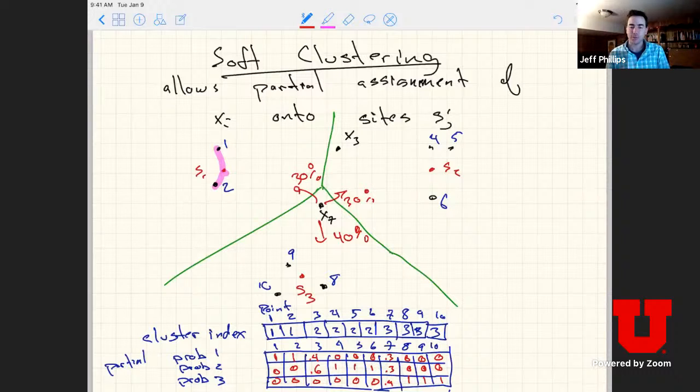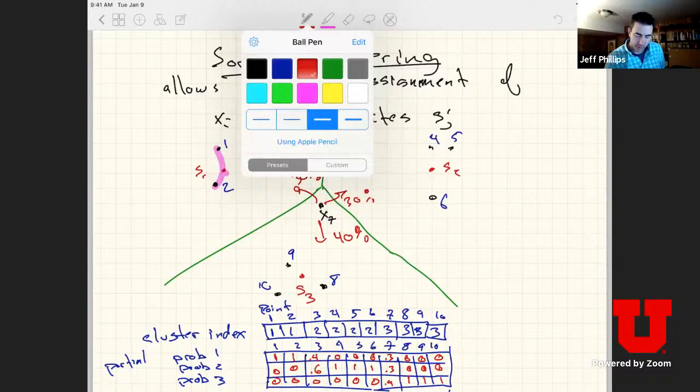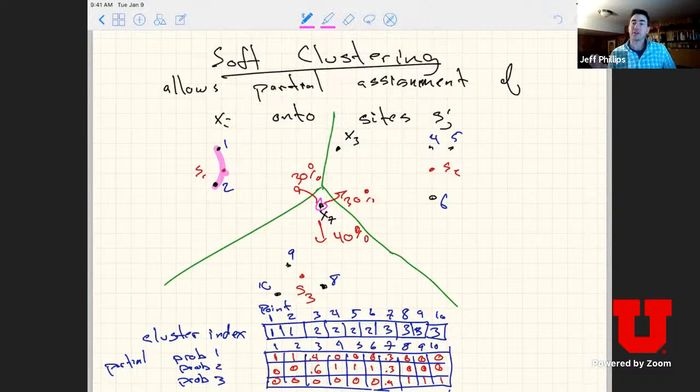How do I assign these probabilities? One way is I could pretend that, let's say, object X7 was a new site. Now that's going to change the Voronoi diagram because I'm going to draw these bisectors here.